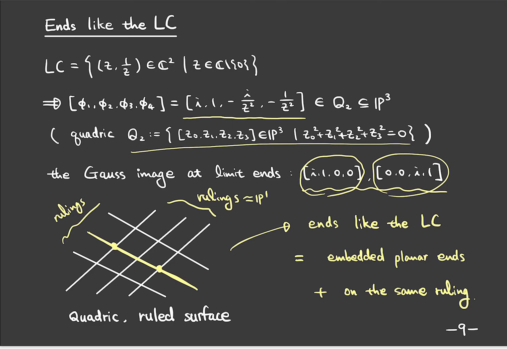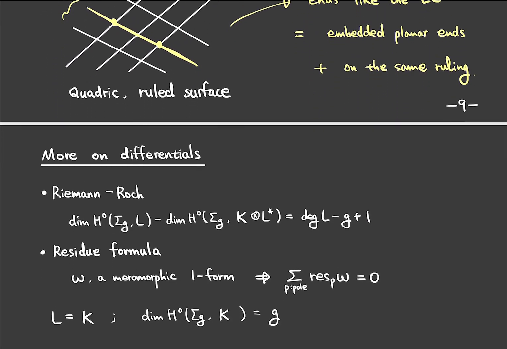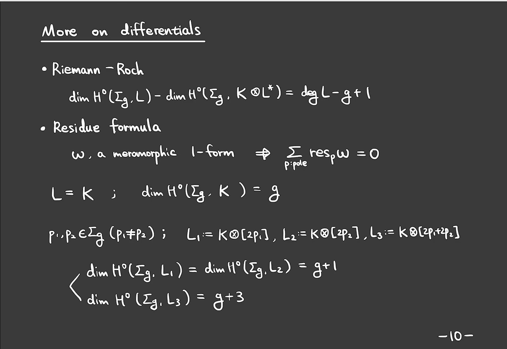Okay, finally we discuss meromorphic differentials in the generalized Weierstrass representation to put them in a more organized form. We recall the following two facts. The first one is the Riemann-Roch formula.